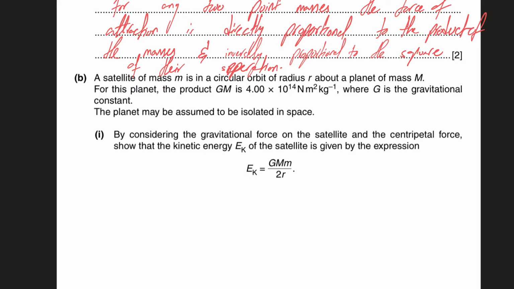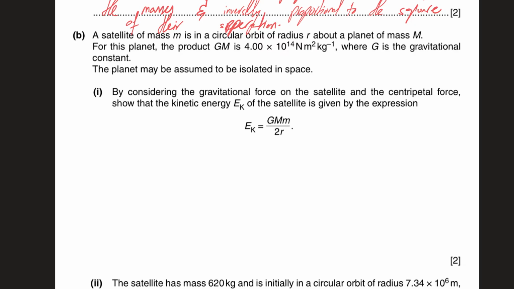So we know that for this satellite in circular motion, the centripetal force is provided by the gravitational force of attraction. So this is where we'll start off. Fc, the centripetal force, is provided by the gravitational force of attraction.